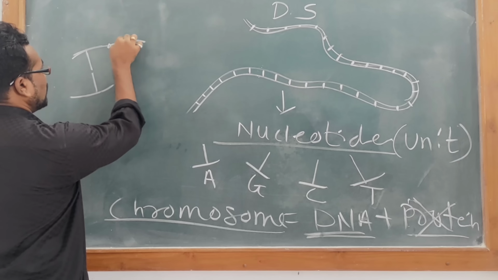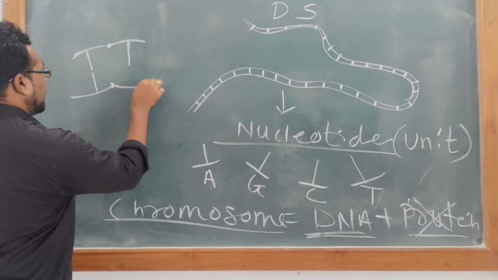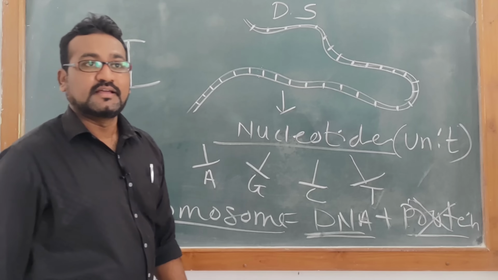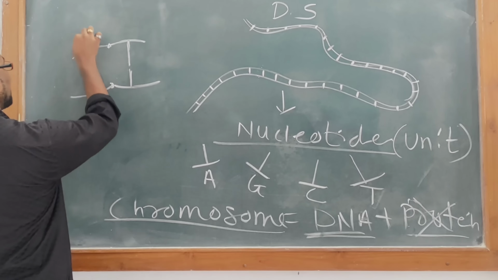Rule is that if on this side A nucleotide is present, then opposite to it always T nucleotide is present. If on this side G nucleotide is present, opposite to it C nucleotide is always present.